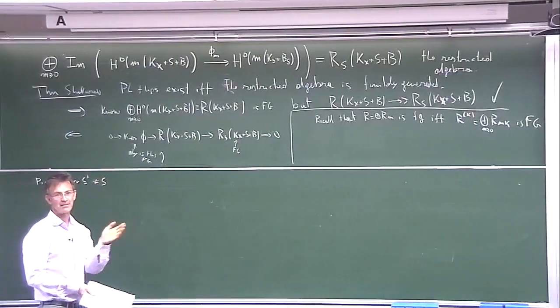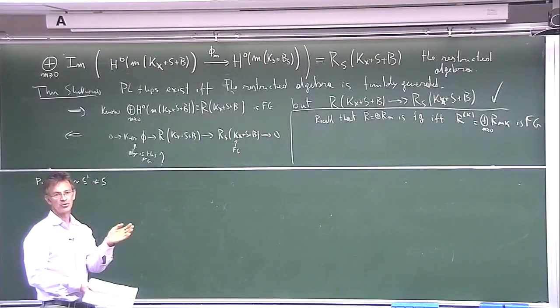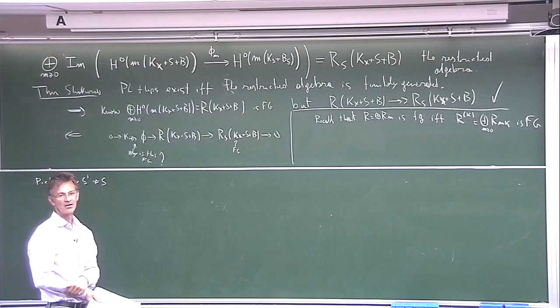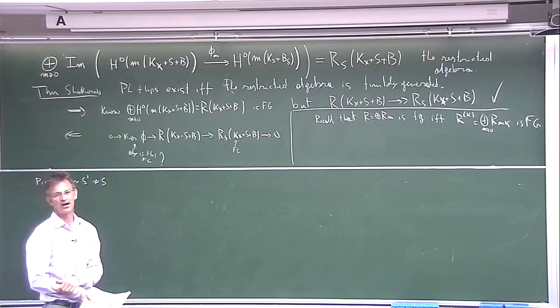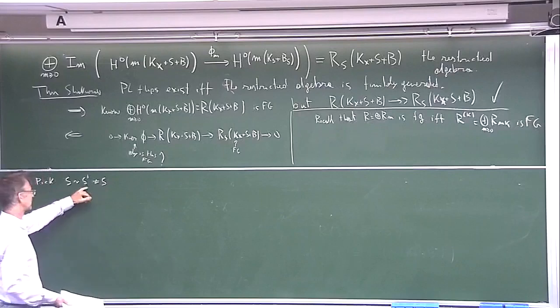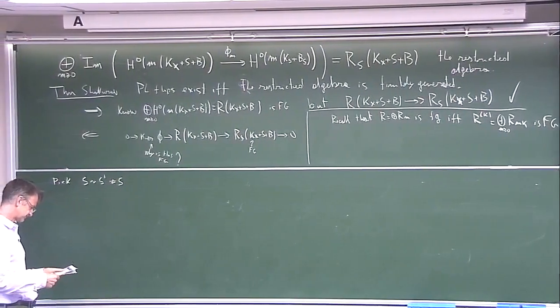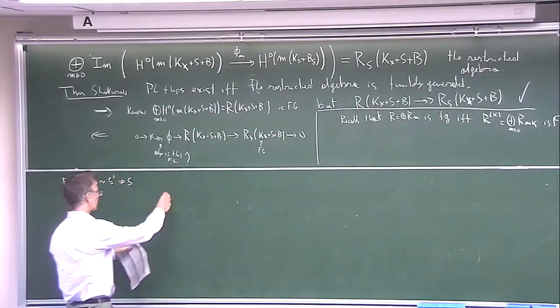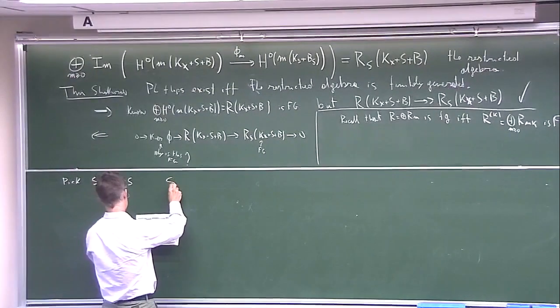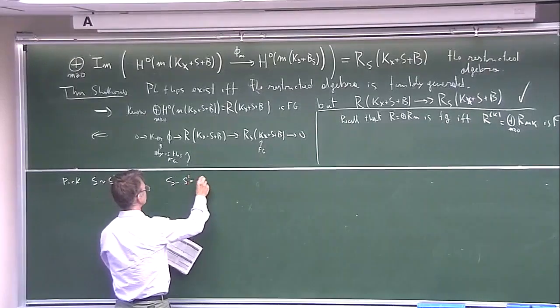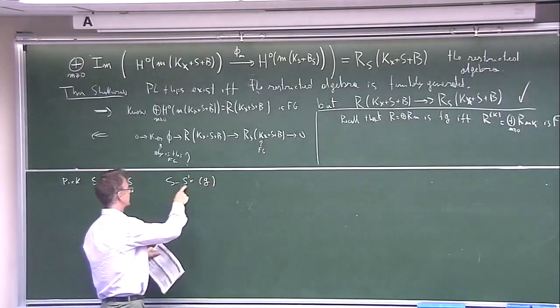Because if you have a family and one fiber is normal, then nearby fibers are normal. Again, I don't need it, but I think you can assume that S prime is kind of nice-ish, since S is nice.